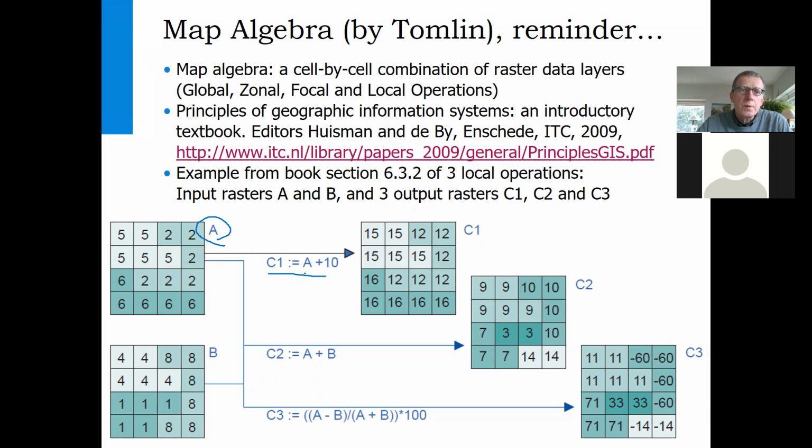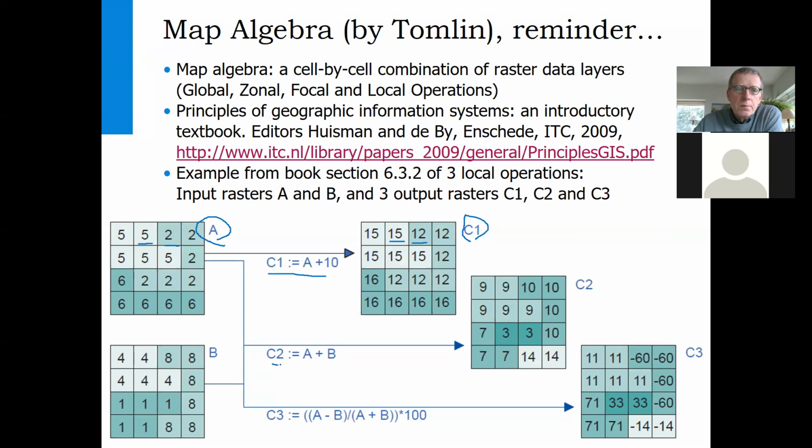So this expression says, okay, raster C1 becomes raster A plus 10, and that means every individual value, 10 is added. And then the output is raster C1.